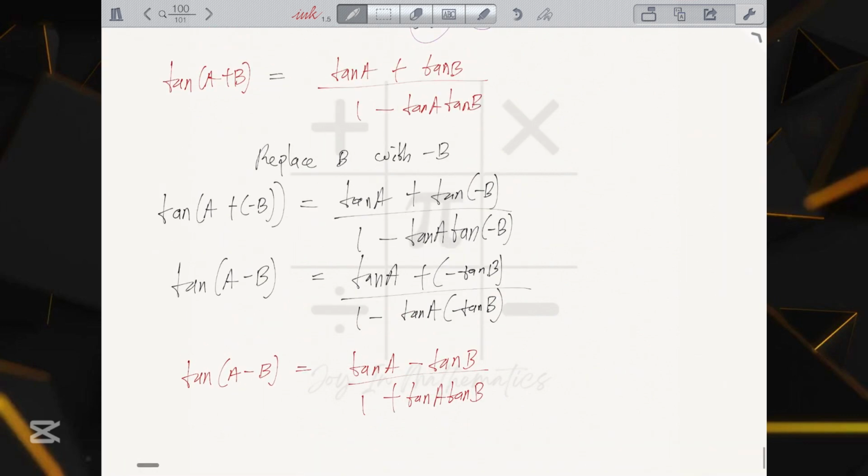Now we have an expression for tan A plus B and also tan A minus B.